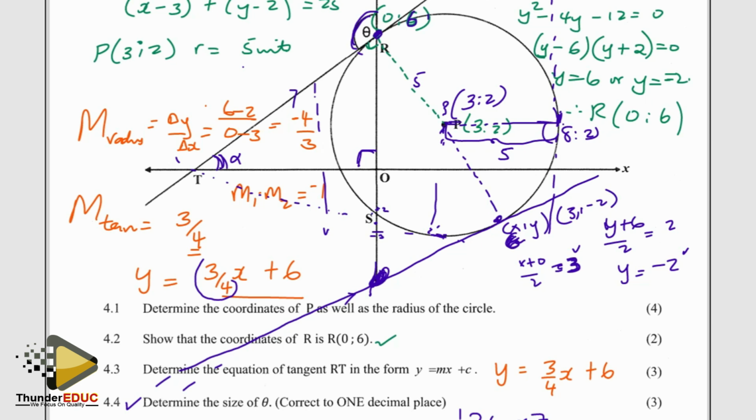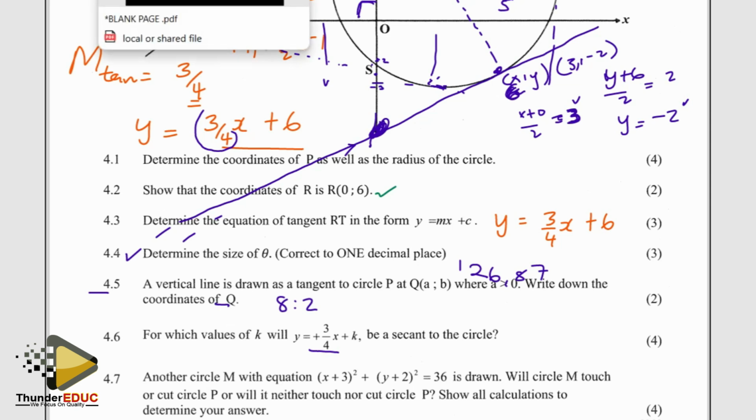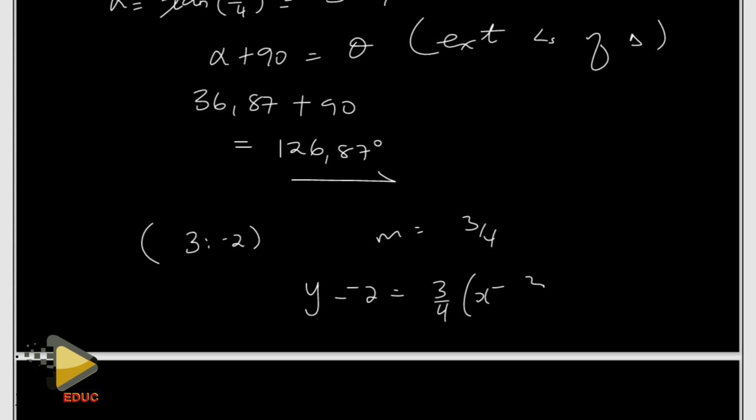Now let me try to get the equation with the same gradient, which is 3 over 4. I'm having 3 and negative 2 with a gradient of 3 over 4. So I'm going to say y minus minus 2 is equal to 3 over 4 into x minus 3.